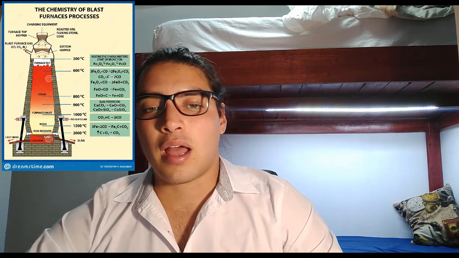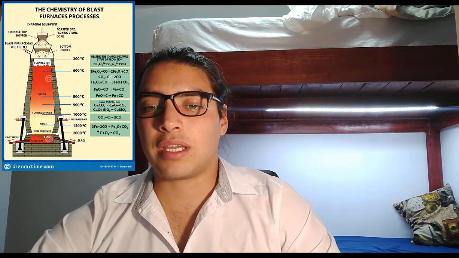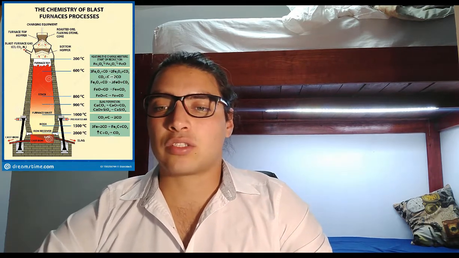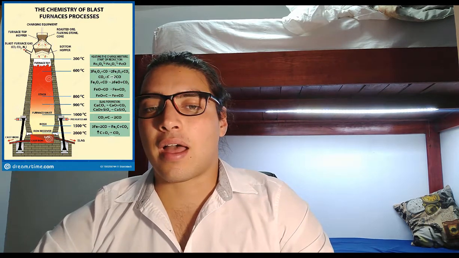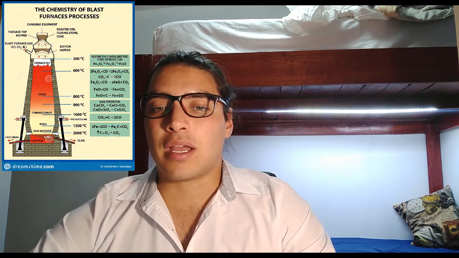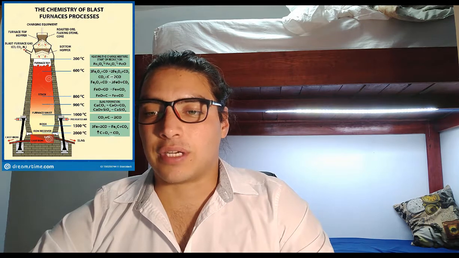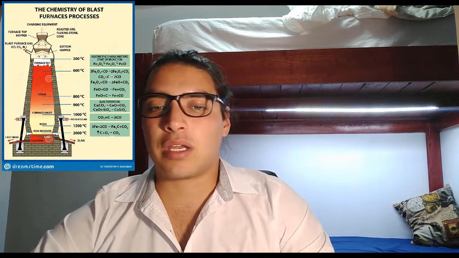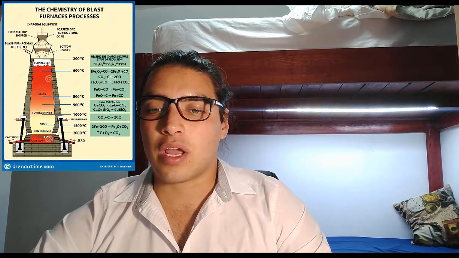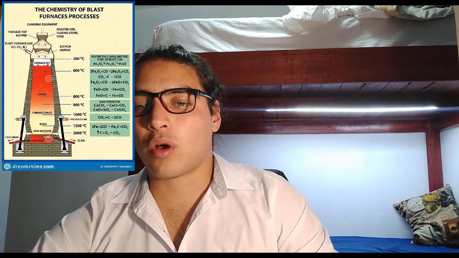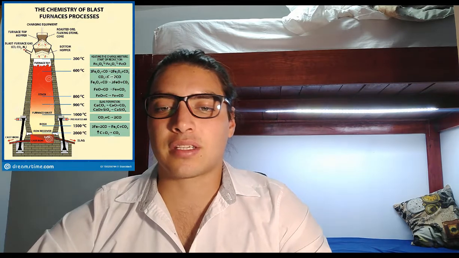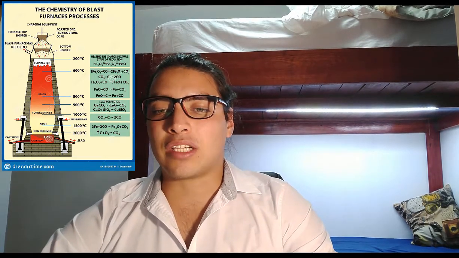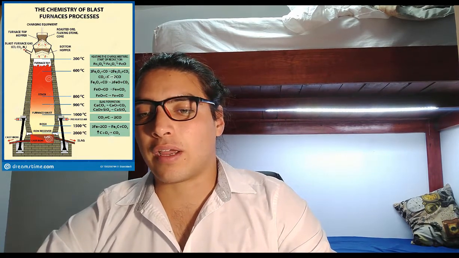The CO2 is then converted back to CO by reaction with excess carbon as the ore, lime, and coke drop in the furnace. Any silicate minerals in the ore react with the lime to produce a low melting mixture of calcium silicate called slag, which floats on top of the molten iron.